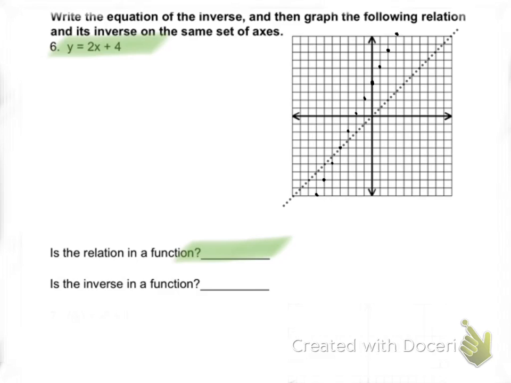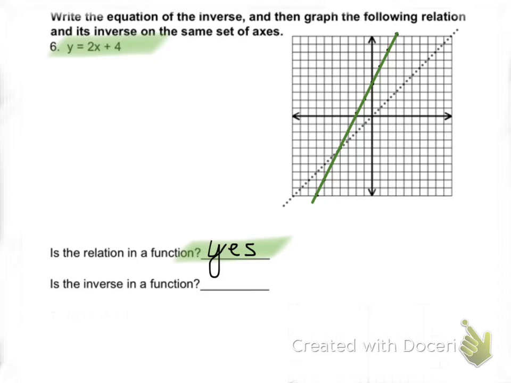We're going to start here and go down. So that is the original function as it was given. Now, next question: is that a function? Well, vertical line test. Yes. That is a function.